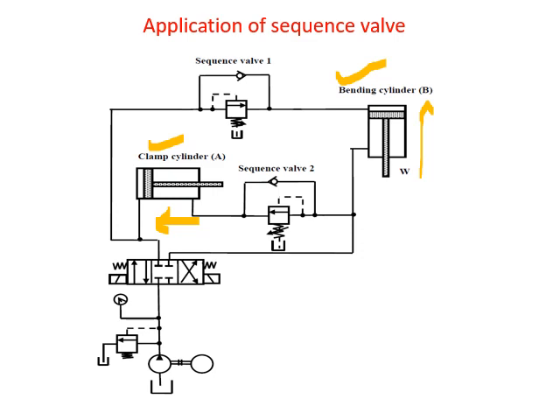The sequence of this operation will be: cylinder A will extend first, then cylinder B will extend, then cylinder B will retract, and then cylinder A will retract. This is how the operation will take place, just because of the sequence valve. We are going to solve a detailed numerical based on the sequence valve and counterbalance valve in forthcoming slides.